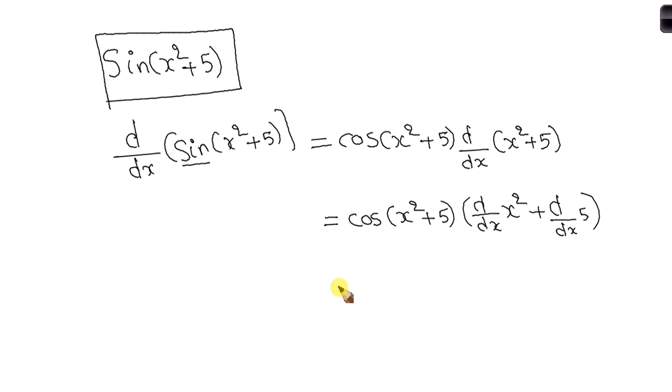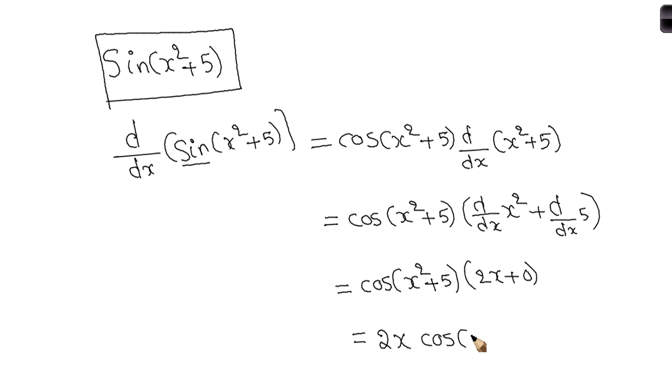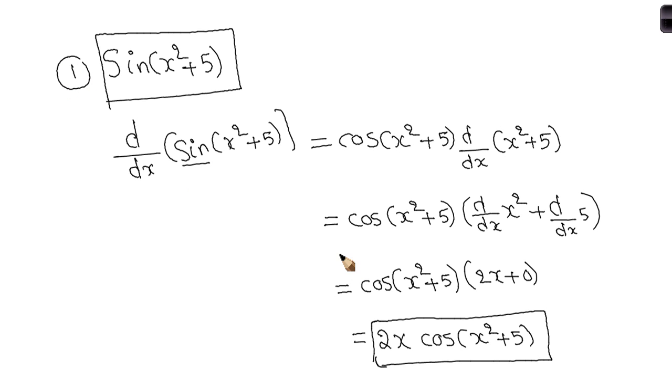Which would be cos of x square plus 5 into derivative of x square is 2x plus 0. It would be 2x cos of x square plus 5. This would be the derivative. Okay, this is the first question. Hope you are clear with this. You can just go through this for a few seconds.